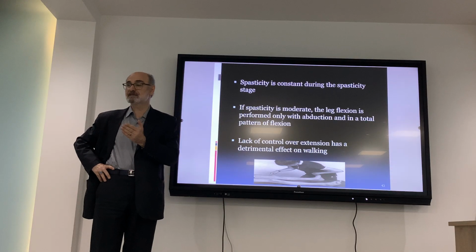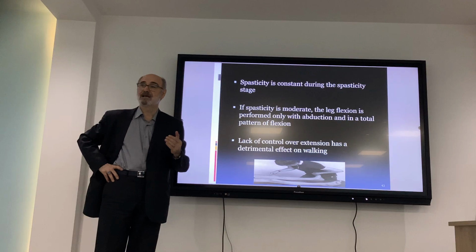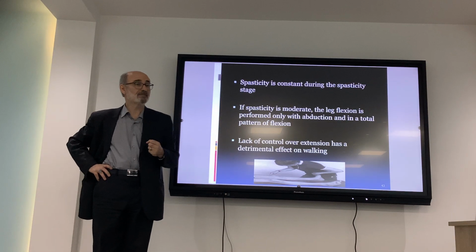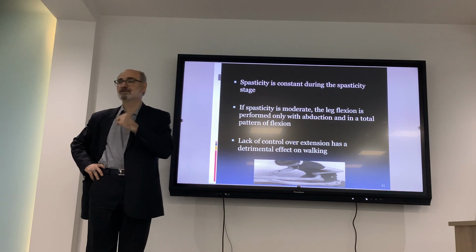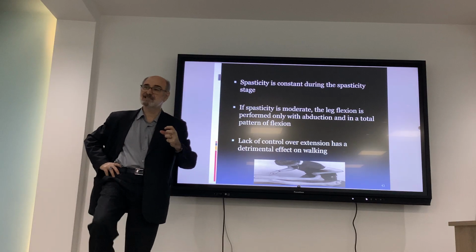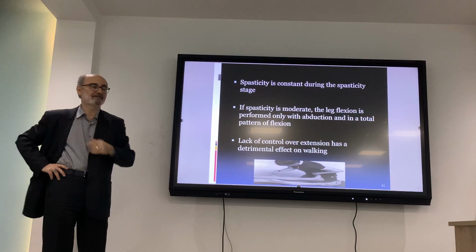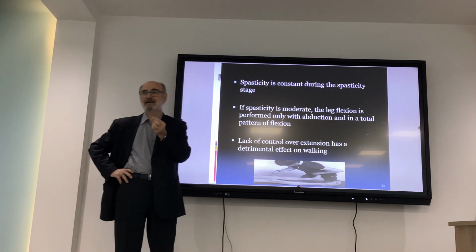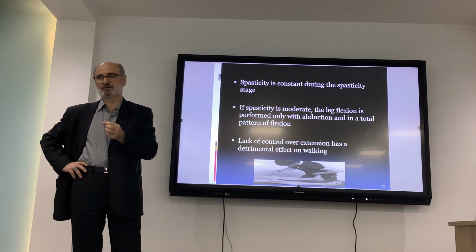They first flex the hip joint. In this way, they activate the flexion synergy and use flexion and abduction of the hip with flexion of the knee, and finally dorsiflexion of the ankle joint. In this way, they usually use the synergy to flex the leg on the affected side and cannot selectively flex, for example, the knee joint or the ankle joint.